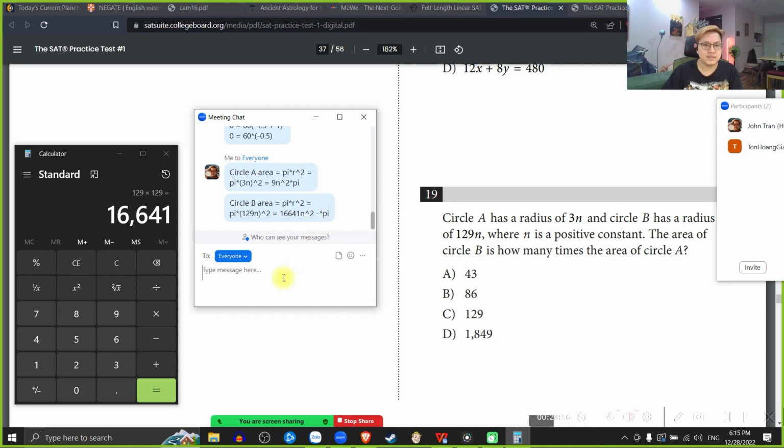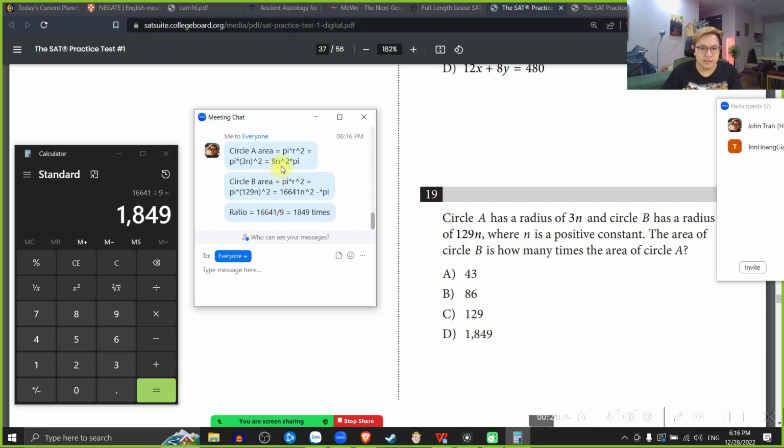Basically, they ask you how many times the area of circle B compared to circle A, so you take the bigger one and divide it by the smaller one. So the ratio is 16,641 divided by 9, which is 1,849 times.